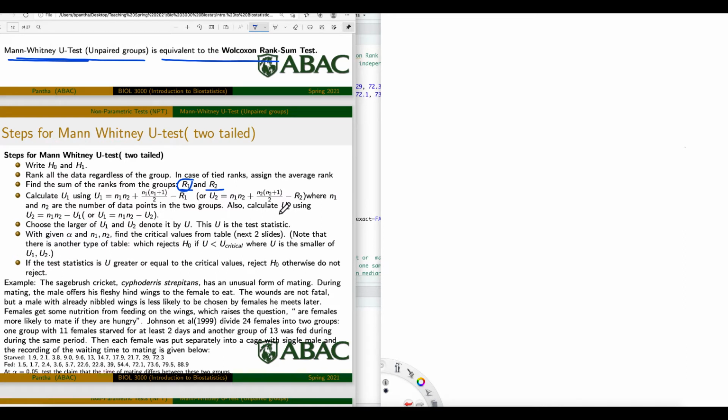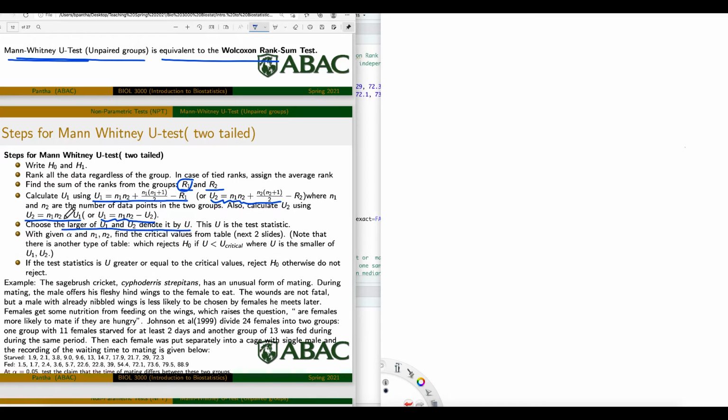Also, you can calculate U2 as N1 N2 minus U1. Either use that formula for U1 and this formula for U2, or this formula for U2 and then this formula for U1, to find U1 and U2. Choose the larger of U1 and U2 and denote it by U.